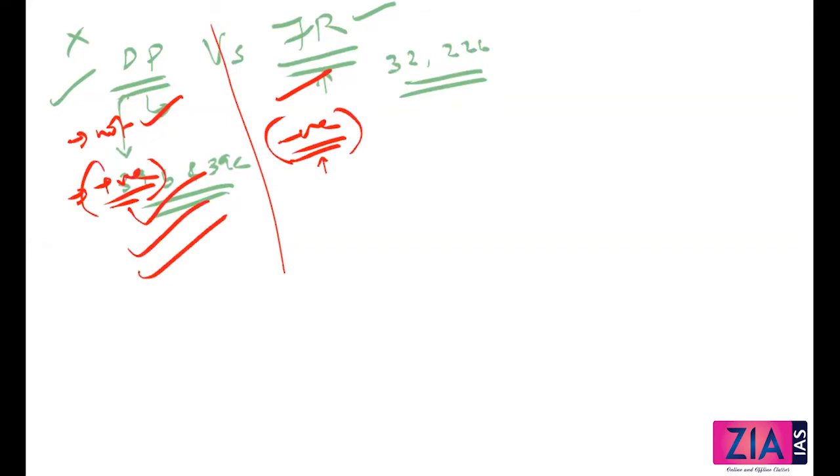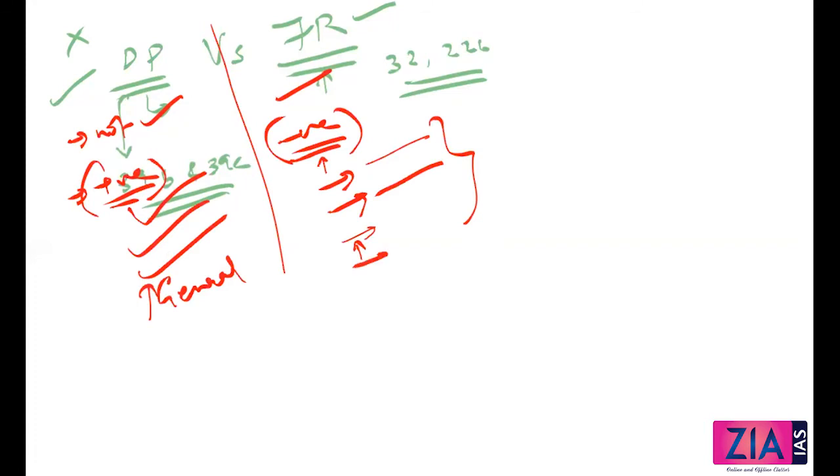But here it says don't do this, not to discriminate. This is what is given in fundamental rights. DPs are very general in nature, but fundamental rights are very specific, and strict legal language is used. I hope this is clear.